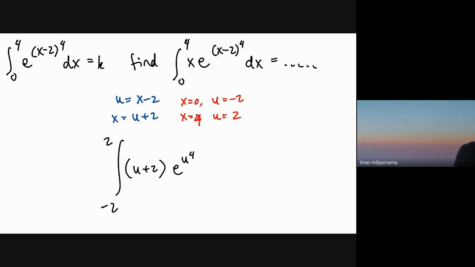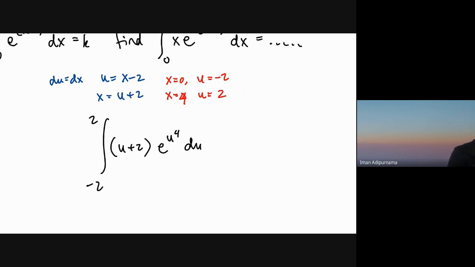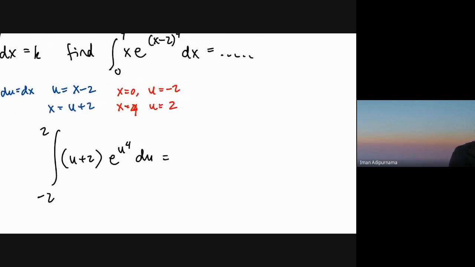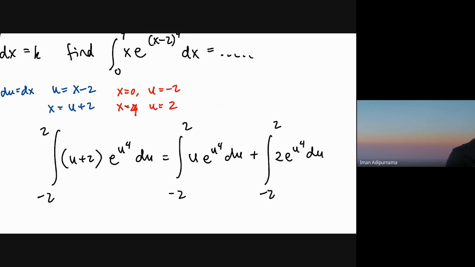Remember du is equal to dx. Now what happens next is we are going to have u e to the u to the fourth du plus 2 e to the u to the fourth du.